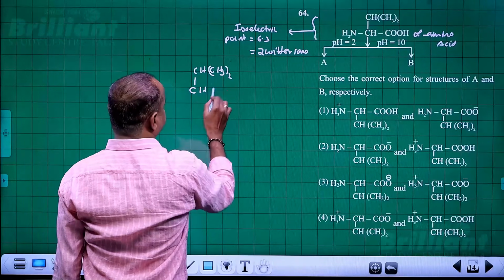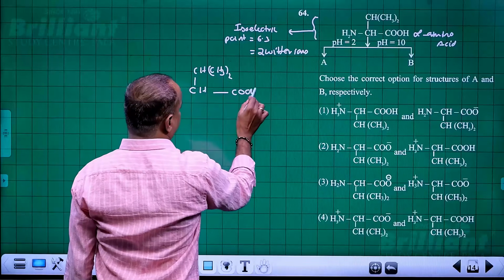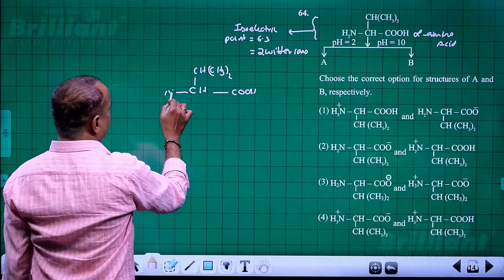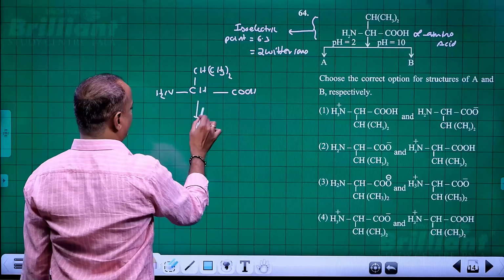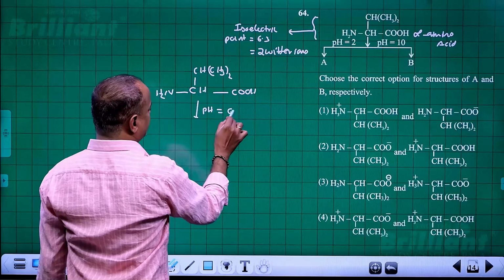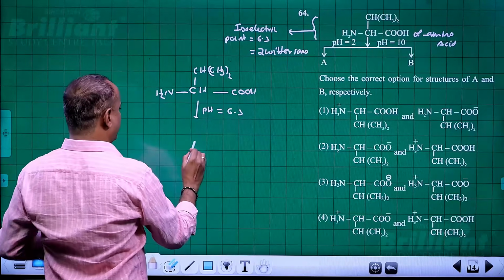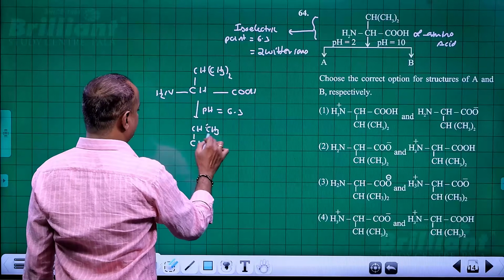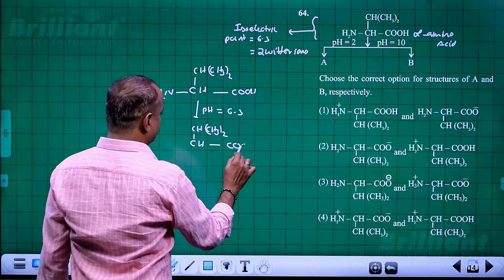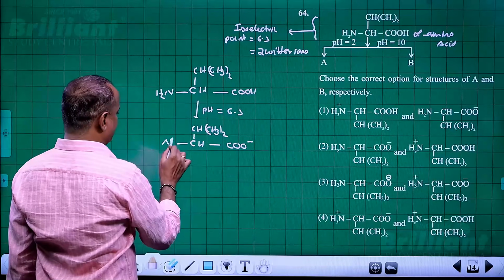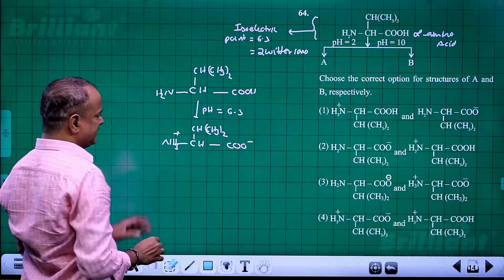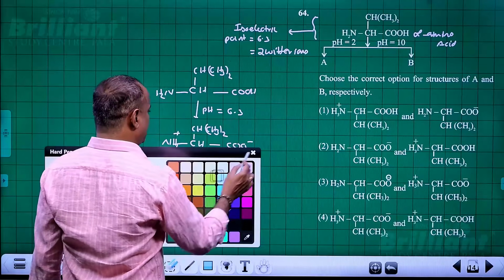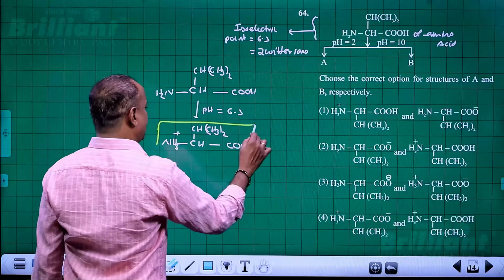CH3 twice CH COOH NH2 at pH 6.3 is CH3 twice CH COO minus and NH3 plus. This is the structure of the compound at pH 6.3, the isoelectric point.